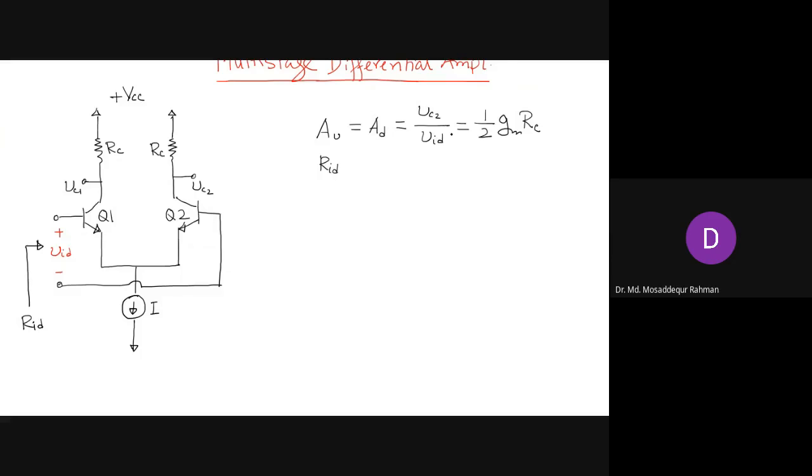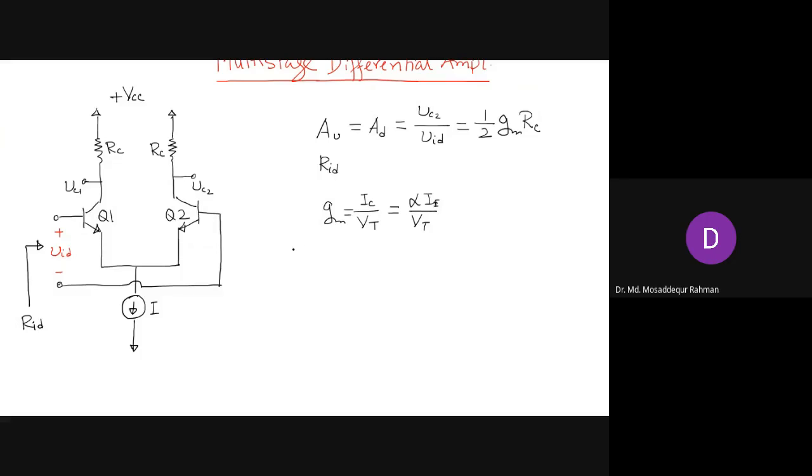And what is our gm? gm is IC by VT, and IC is alpha IE. That is, we write alpha IE by VT.